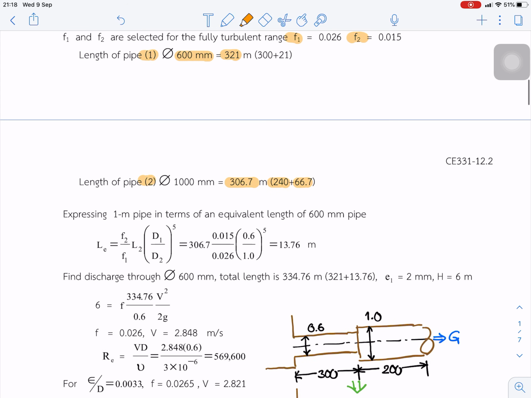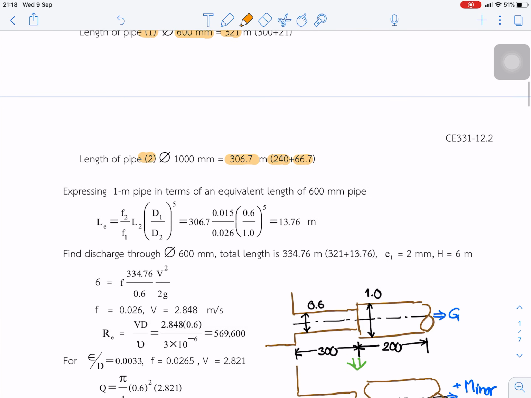The next step, we express the 1 meter pipe in terms of an equivalent length of the 600 millimeter pipe. We just substitute to find the equivalent length, which is equal to 13.76.